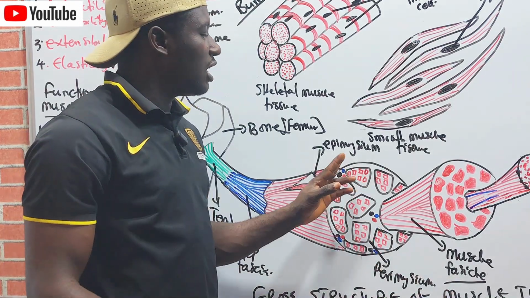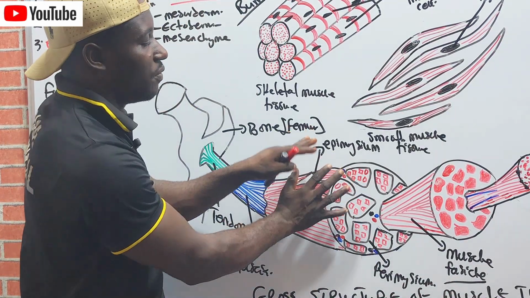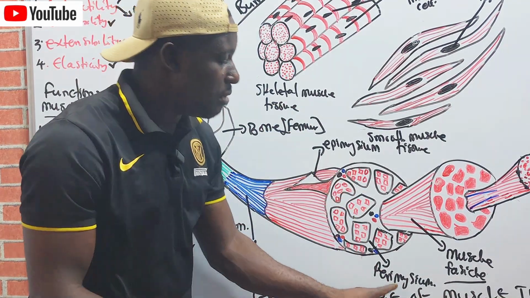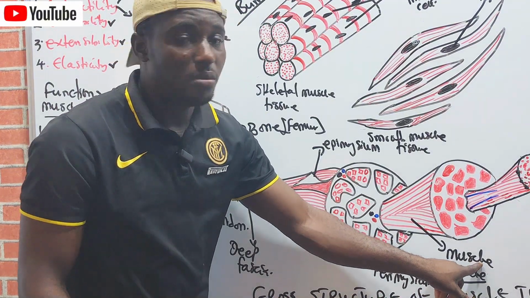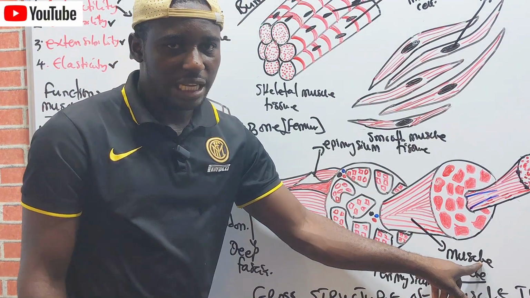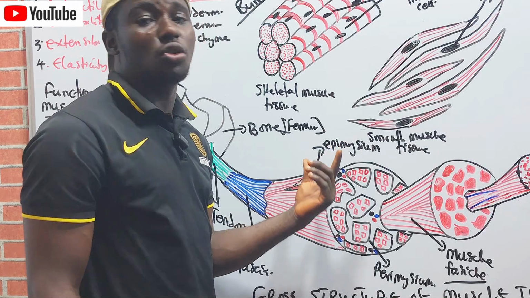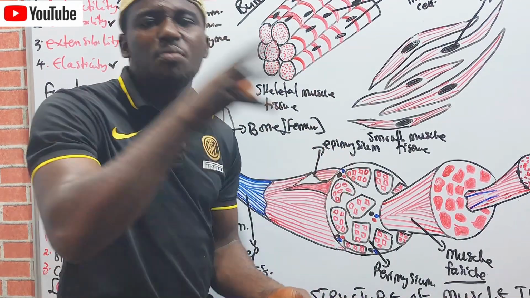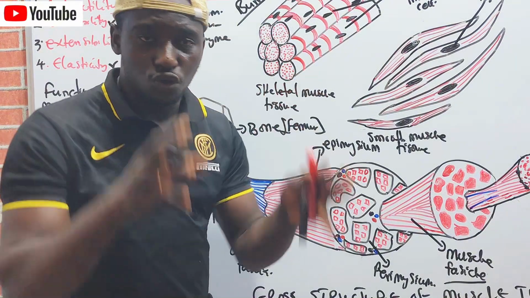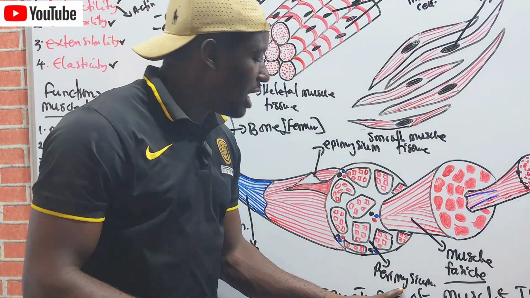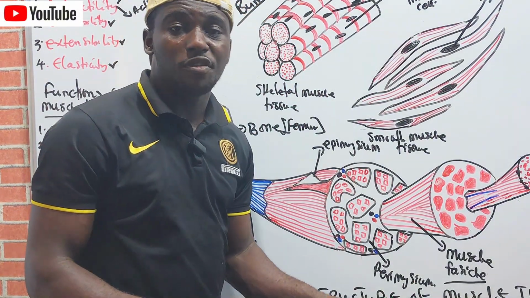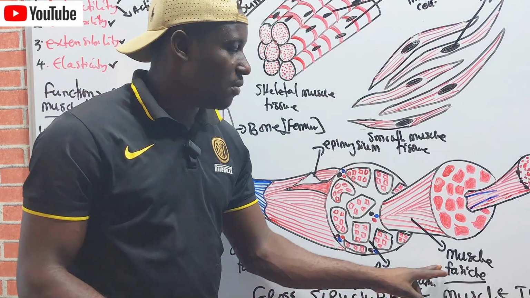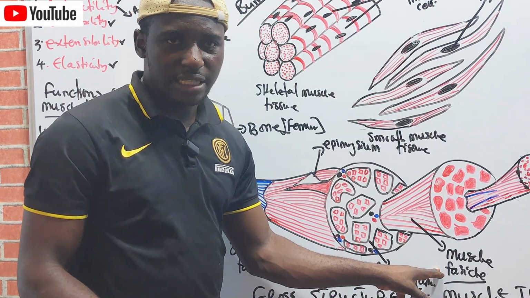You get? The epimysium wraps up the muscle, while the perimysium surrounds the muscle fascicles. Recall that the epimysium also helps in separating individual muscles from each other. Do we get?